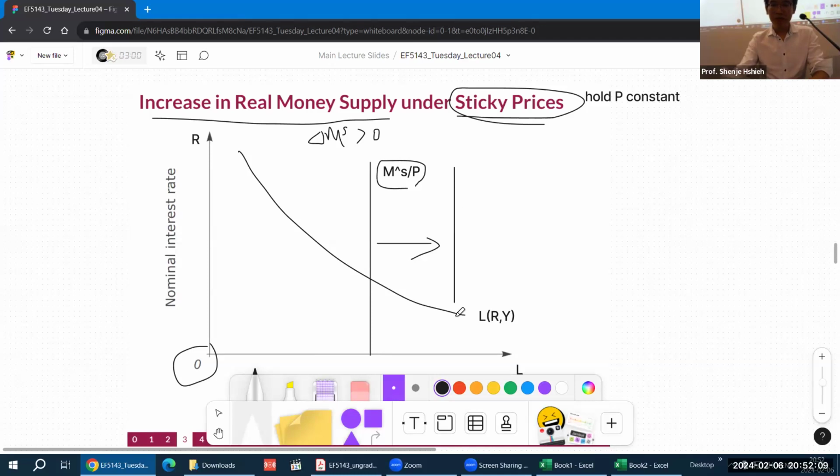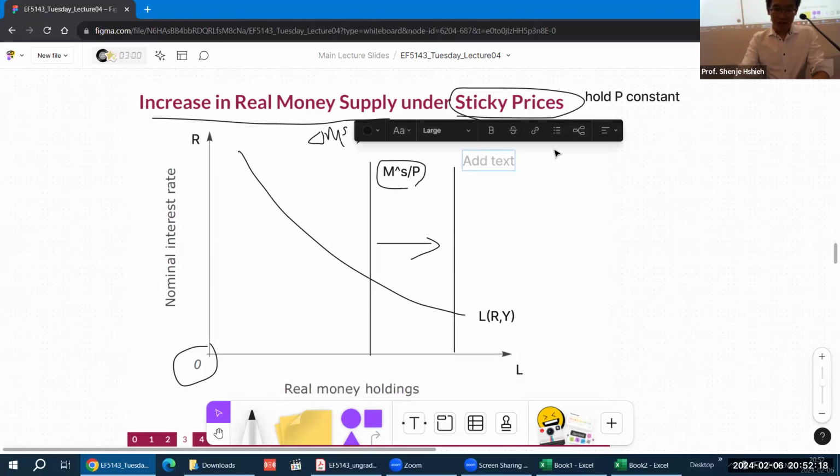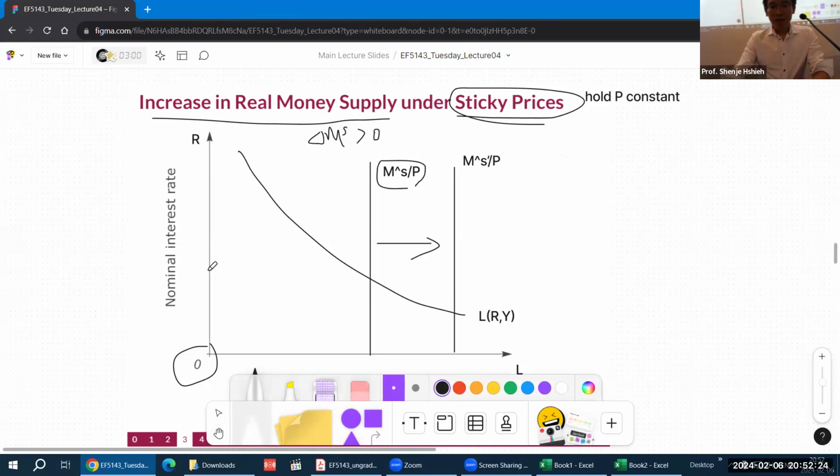So our real money supply curve shifts to MS prime to indicate the change, and consequently our equilibrium interest rate will shift from here to here.